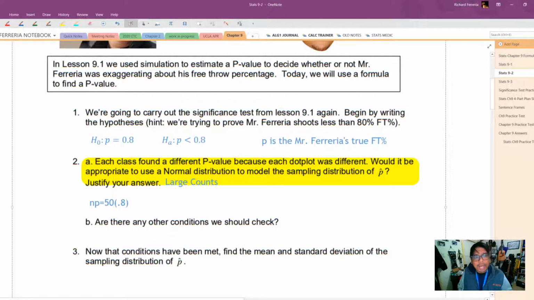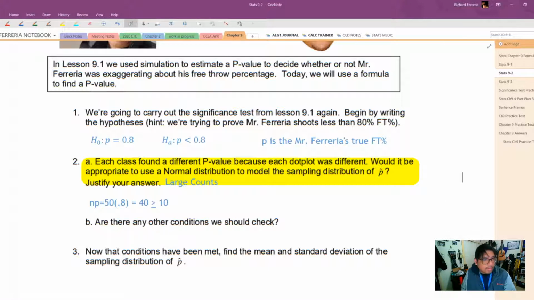From the experiment, we had n was 50, and from our null hypothesis, p is 0.8. So np is 40, which is definitely greater than or equal to 10. Now we have to check the other one, n multiplied by 1 minus p. So 50 times 0.2 is 10, and that is also greater than or equal to 10.